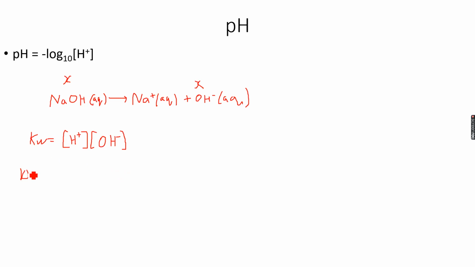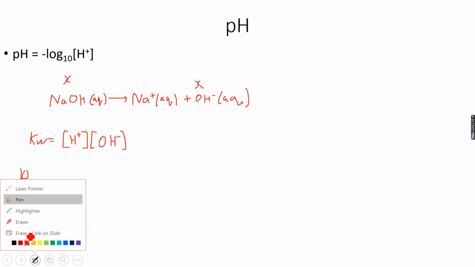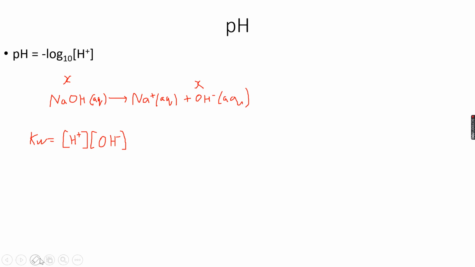We know that Kw has a value of 10 to the power of minus 14. So 10 to the power of minus 14 is equal to [H+] times [OH-].